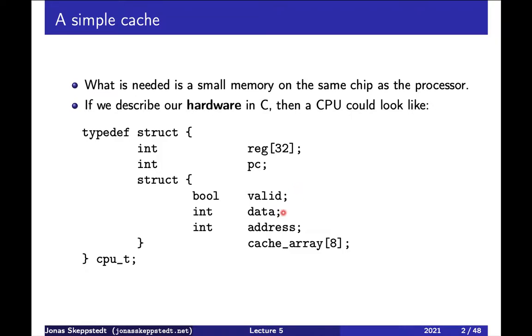Well, what are we going to do with this? If the CPU reads, it would request data from memory, but instead it checks if this address is present in some of these rows, and also that valid is true. Then it can take the data from there instead.